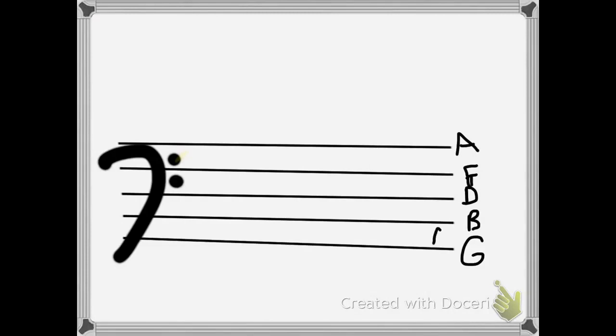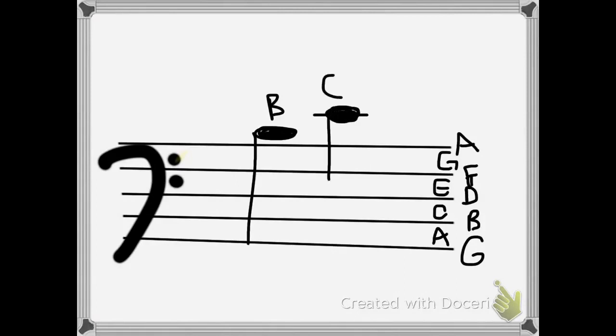And our spaces we can remember with all cows eat grass. We also learned about other notes that we have. We have one that rests on top of the staff. That's the note after A, B. We have one that has a ledger line going right through it. That would be C. Then we have one that rests on top of that same ledger line, which is D.